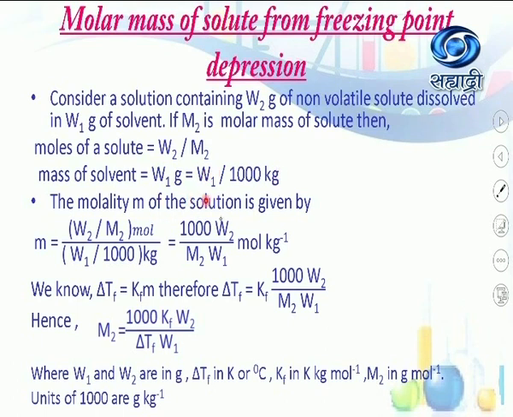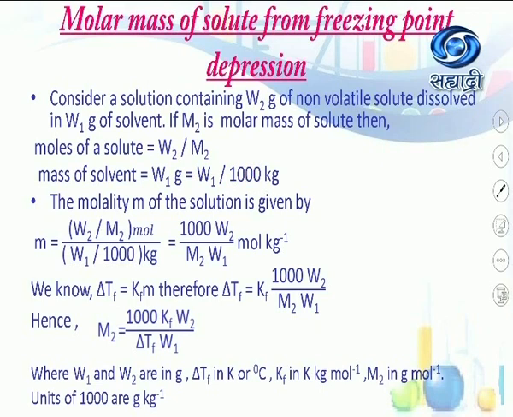The molality m of a solution is given by, what is the formula? In the previous session we have discussed what is the molality and the formula for finding the molality. Molality is number of moles of a solute divided by mass of a solvent in kilogram. So the denominator is mass of a solvent in kilogram, and that's why we have to convert this mass of a solvent in gram into kilogram.